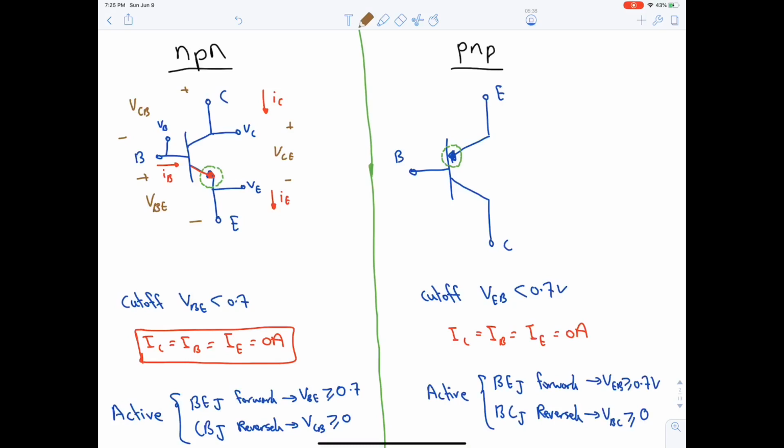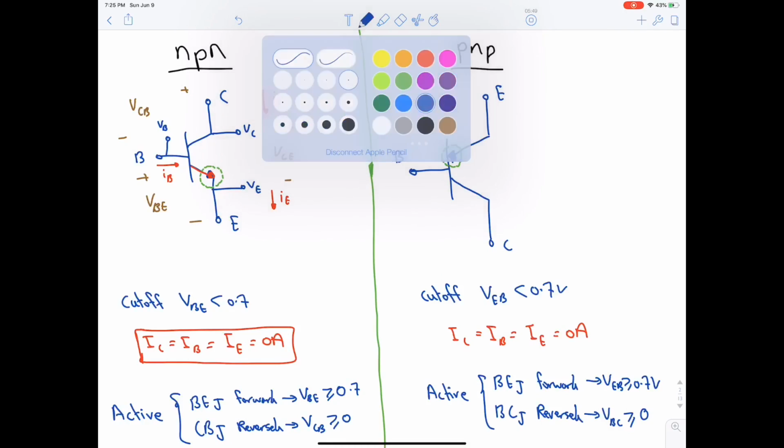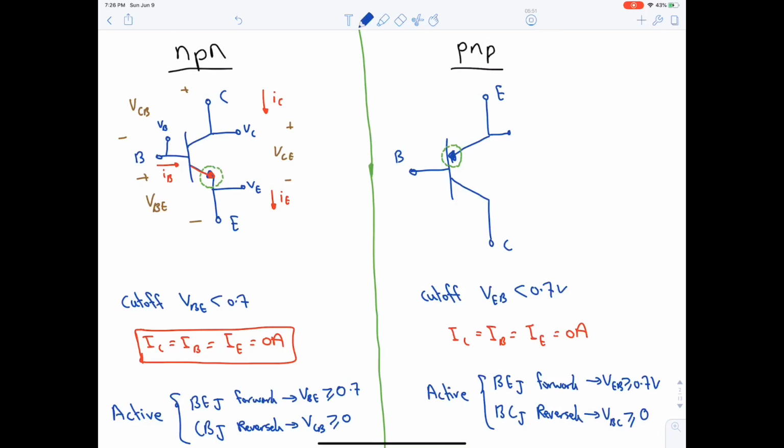Now, the difference between NPN and PNP is that the arrow is swapped, and the emitter is always with the arrow. So here's the emitter in PNP. This is the voltage at the emitter, this is the voltage at the collector, and this is the voltage at the base. The current flowing through the emitter is called IE, through the collector is IC, and through the base is IB.